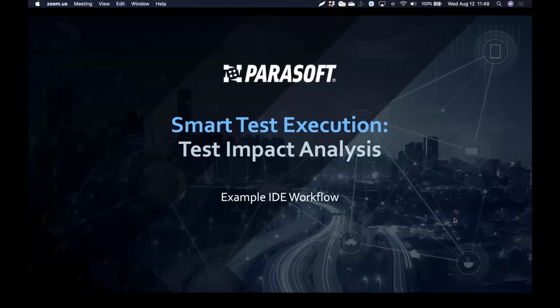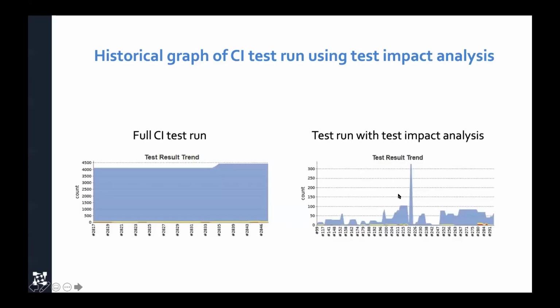The interesting thing there, though, is what Brian was doing was he was actually leveraging the coverage information from his full nightly run. So you can actually leverage this type of technique and use your coverage to help you optimize both IDE workflows as well as your CI workflows as well.